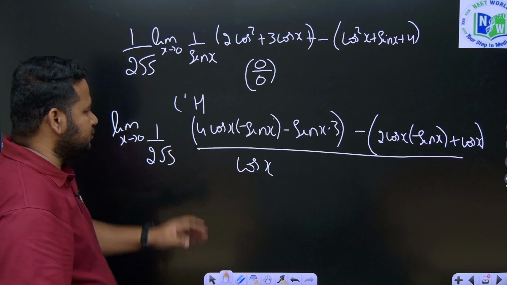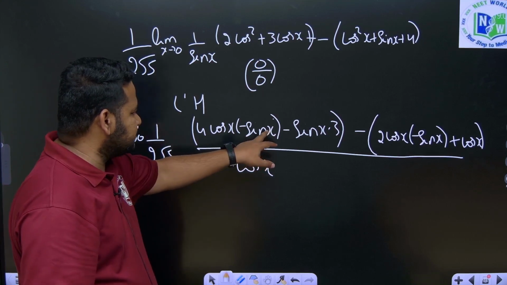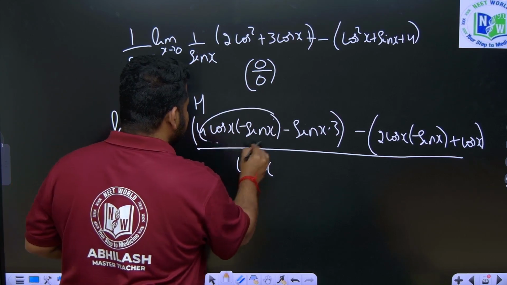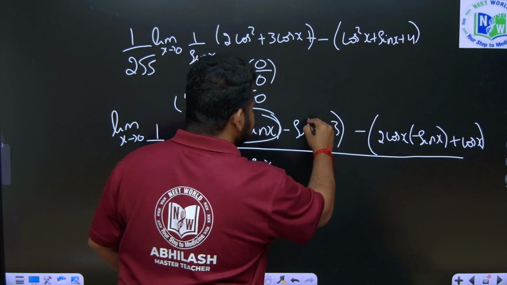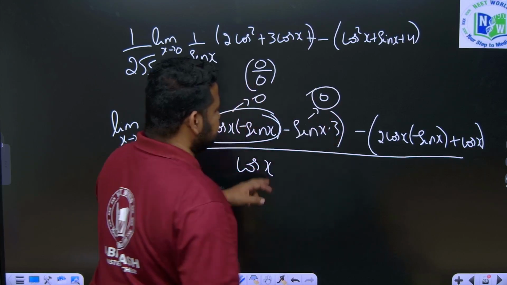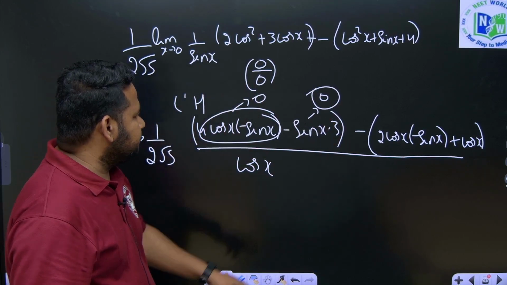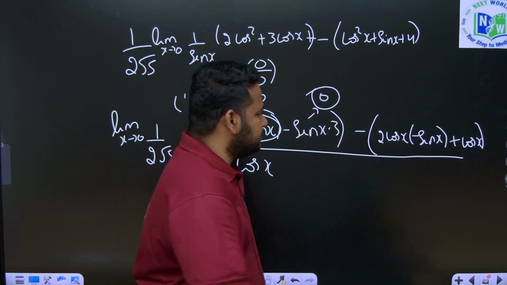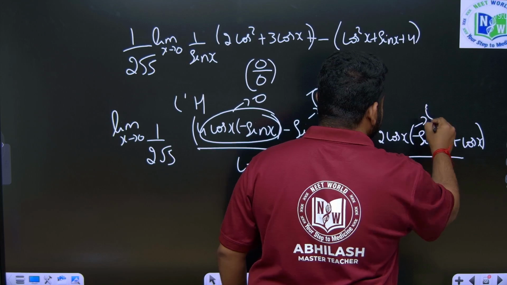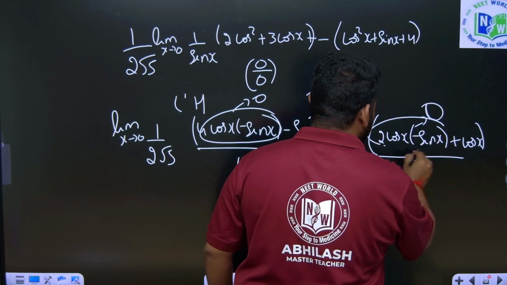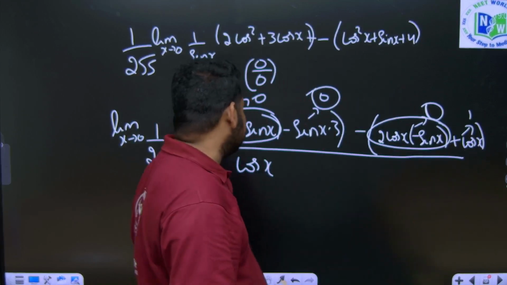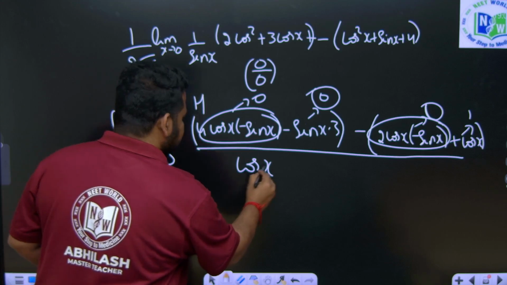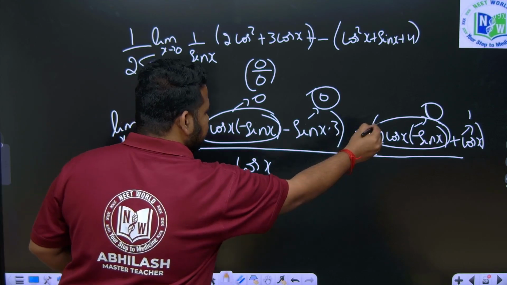So I'll put the value 0. Here sin 0 is there, so this entire thing will become 0. Here also sin is there, so this entire thing will become 0. Here cos 0 means 1, but here it is minus 1, cos 0 means 1, so minus 1 by 1.